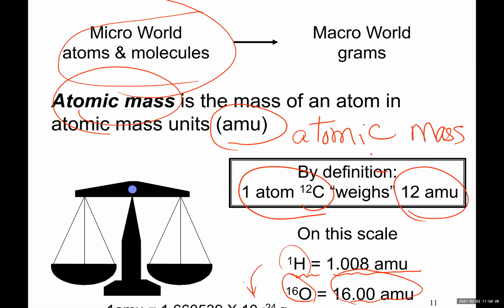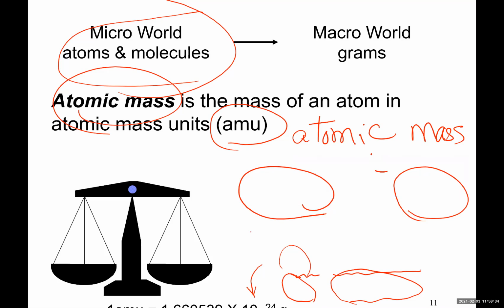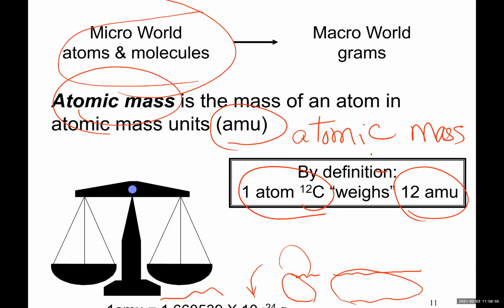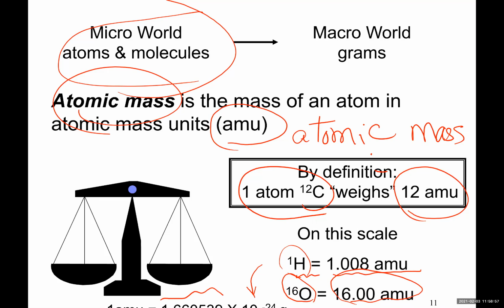I don't know if you can see it here, but you can look it up and I might be able to show you in our calculation. It's 1 point something something times 10 to the power of negative 24 grams, an extremely small fraction of a gram.